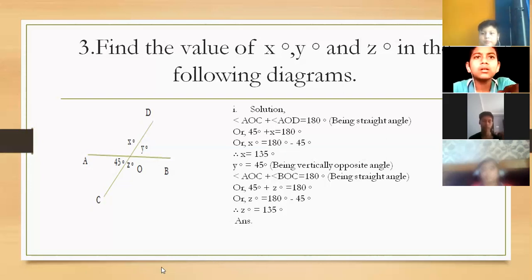Sir, how to find that y? Y and 45 degrees are vertically opposite angles. They will be equal. Vertically opposite angles are equal. Y is directly 45 degrees, being a vertically opposite angle. Okay, sir.